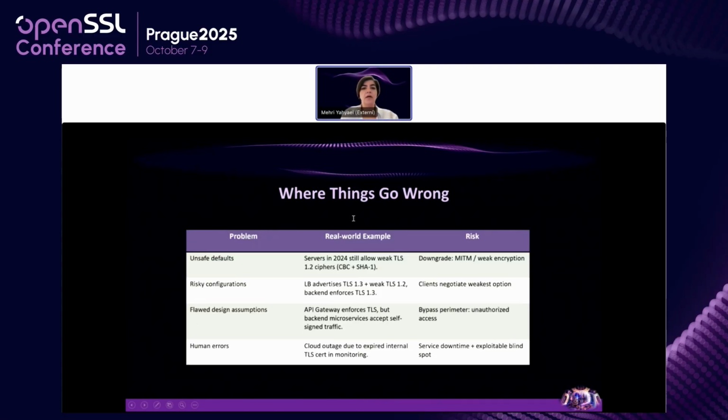Here we can see some of the wrongs with misconfiguration of OpenSSL. This slide serves as a bridge. The key message is that most vulnerabilities don't come from OpenSSL itself, but from how it's configured and maintained.